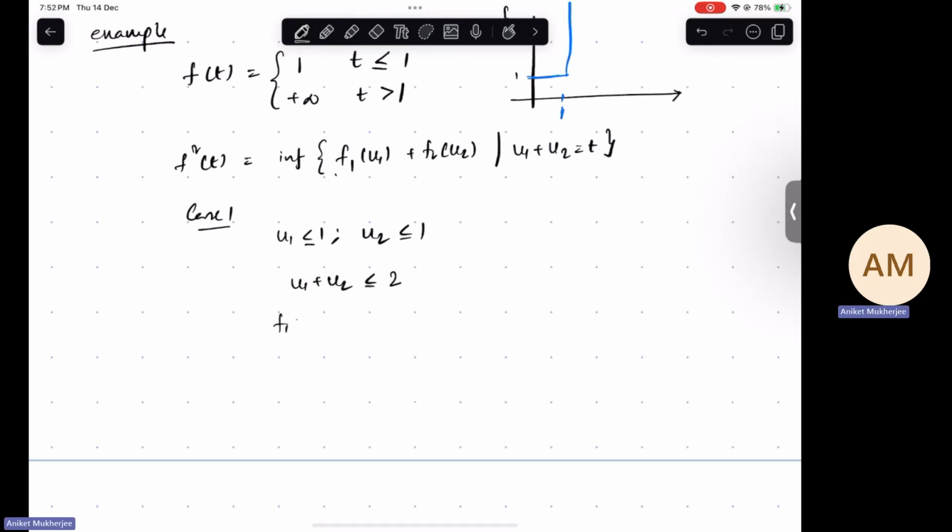Then f1 u1 plus f2 u2 is equal to 2, because the maximum value this can get in the interval is 1 and the maximum value this can get is 1.